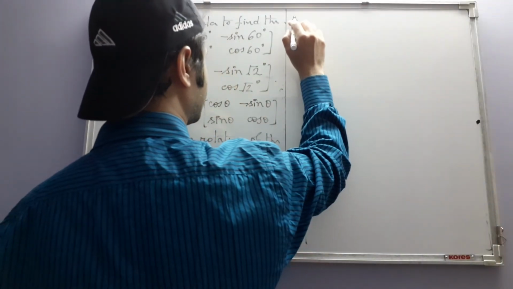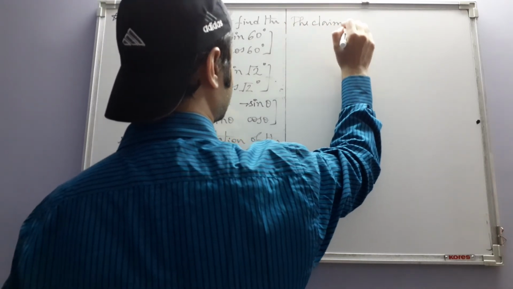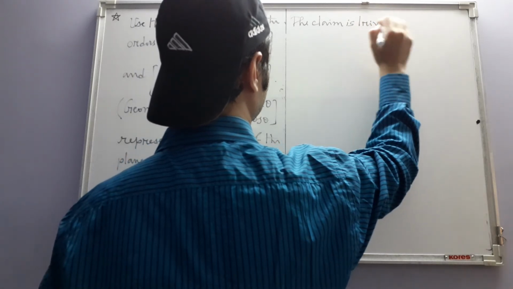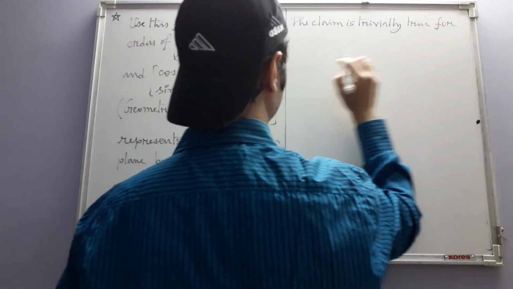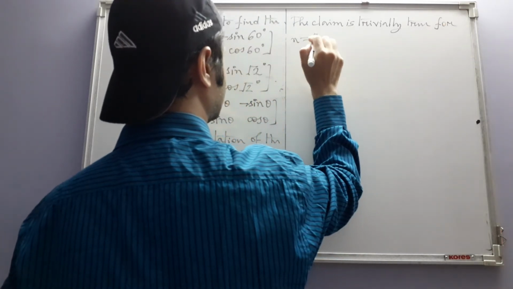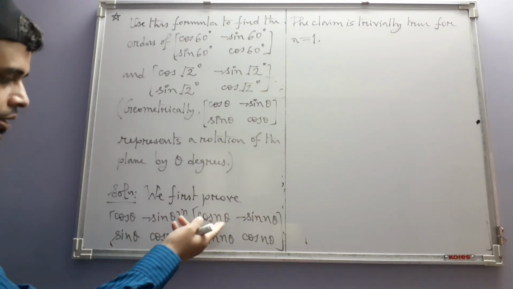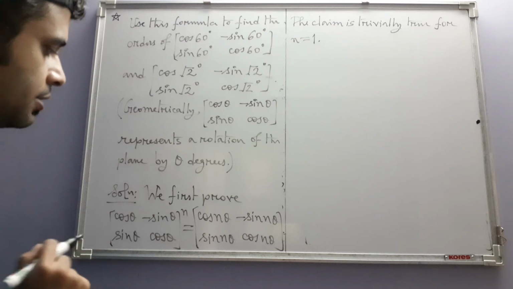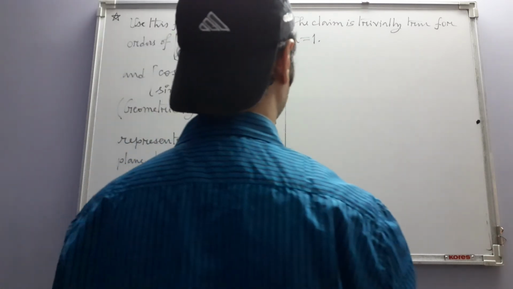Okay, the claim is trivially true for n equal to 1. You have 1 here, you have 1 here in place of n. They are actually equal to the same matrix, which is equal to this matrix itself on the right hand side also.